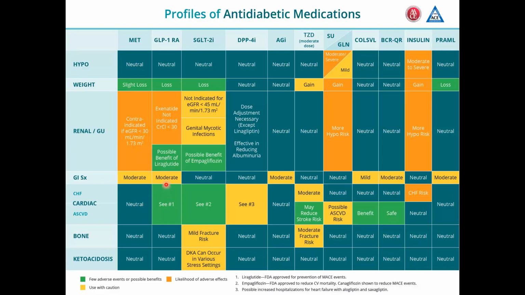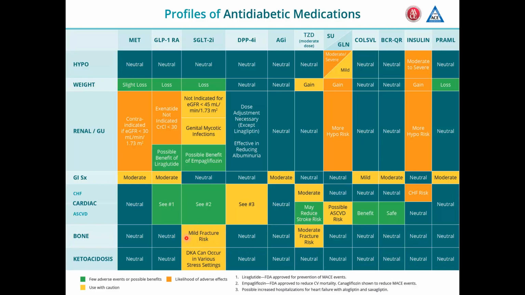And cardiac profile: GLP-1 RA and SGLT2 inhibitors have a good cardiac profile. Thiazolidinediones you should avoid in CHF, and otherwise, moderate fracture risk again with thiazolidinedione and SGLT2 inhibitors.